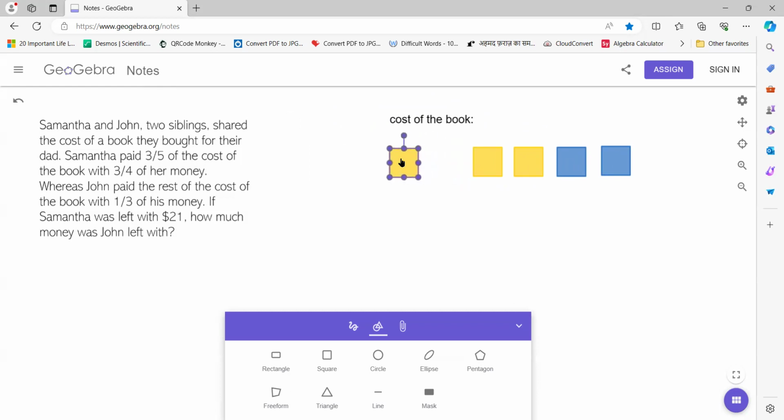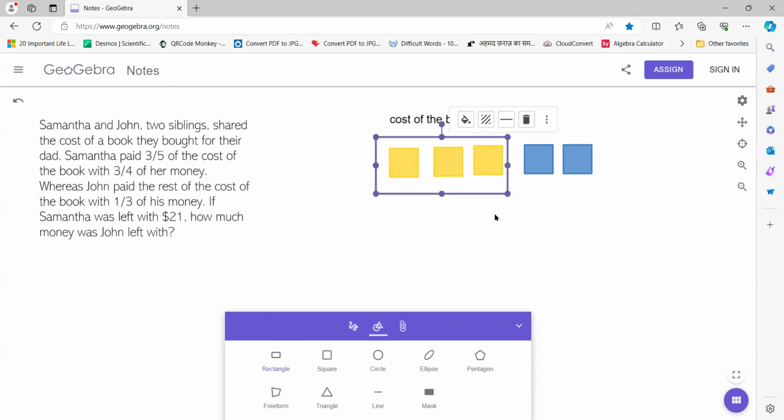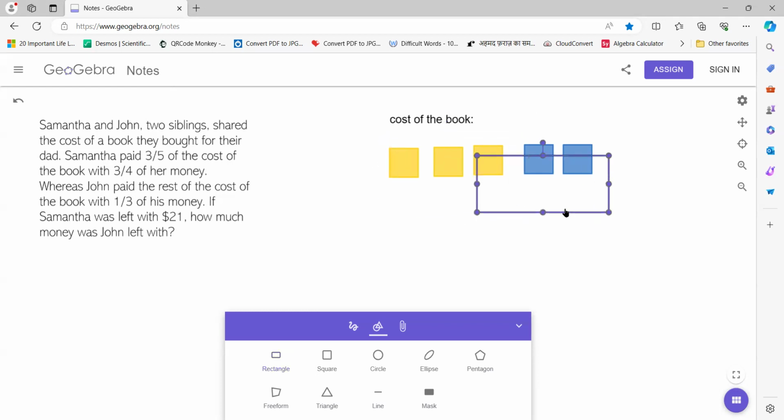Let me put my pictures here, if you don't mind. I'm thinking about how much room I will need around. And we can actually put a little vertical line here. This is the amount Samantha is paying, three-fifths. And this is the amount John is paying, two-fifths.